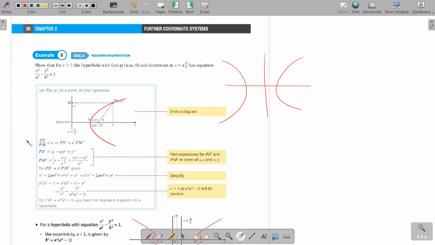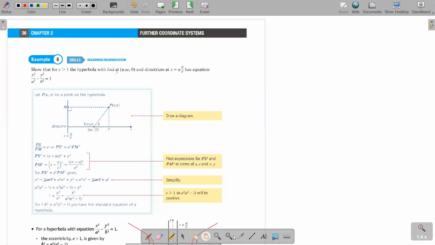Do you understand? Okay, so now you have to do the exact same thing that we did earlier. You must do the proof of PS over PM. Here P is the point on the hyperbola, S is the focus, and PM is the distance to the directrix. Shall we write down the equation? Let's get PS squared using Pythagoras theorem.